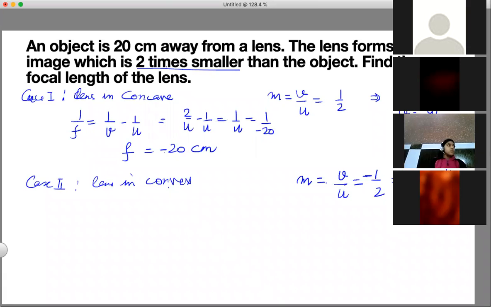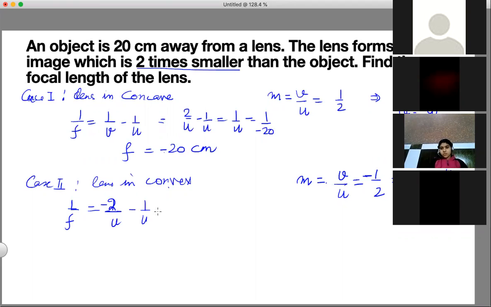minus u by 2. Okay, so let's write that 1 by f is equal to 1 by v, which is minus 2 by u, minus 1 by u, is minus 3 by u. Okay, and u is minus 20.